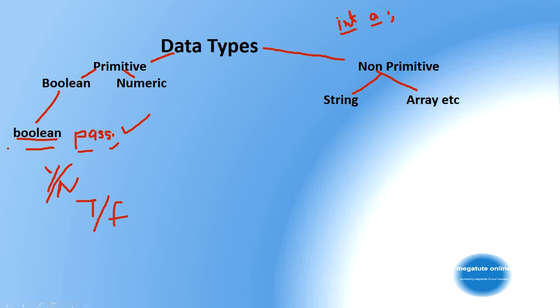So the next data type, the numeric, is further divided into character and integer. Now you'll wonder why the character, which is alphabet, is coming under the numeric. The reason being, the computer treats every character as a number. Now you know that computer only understands the zeros and the ones. The voltage is high or voltage is low, and so everything has to be converted into zeros and ones.